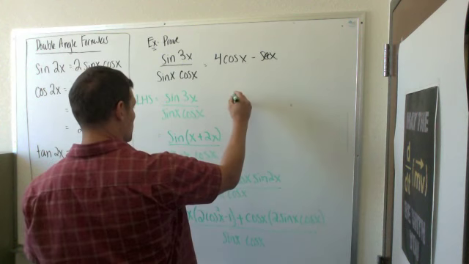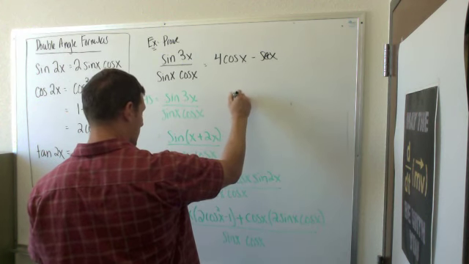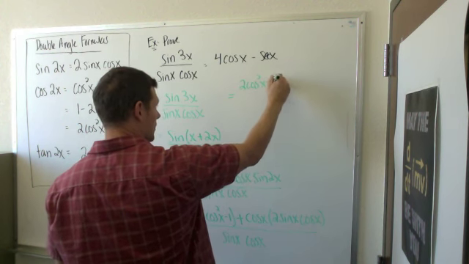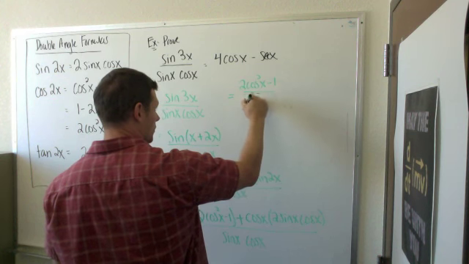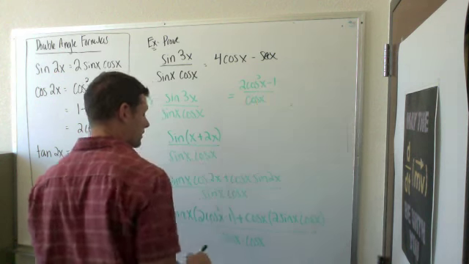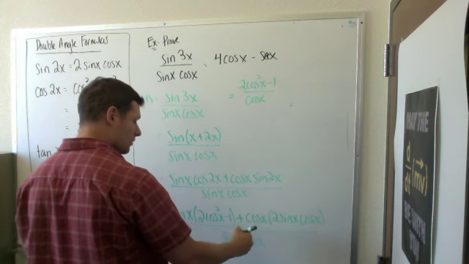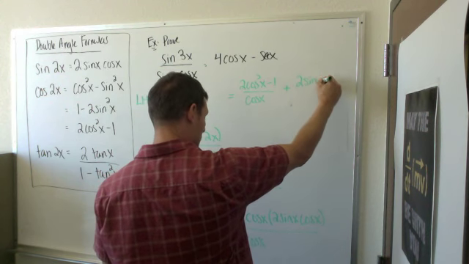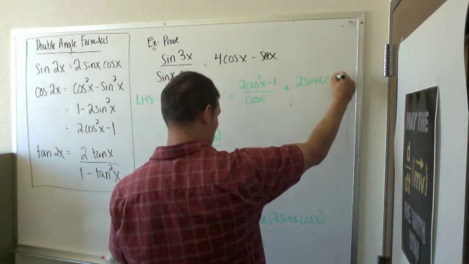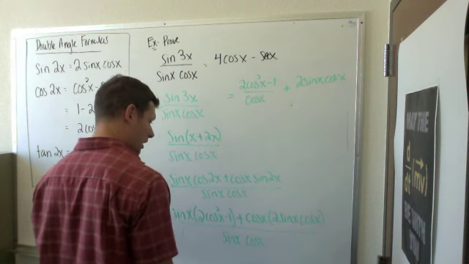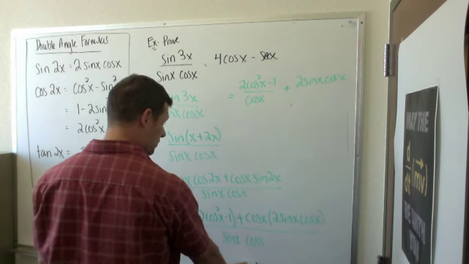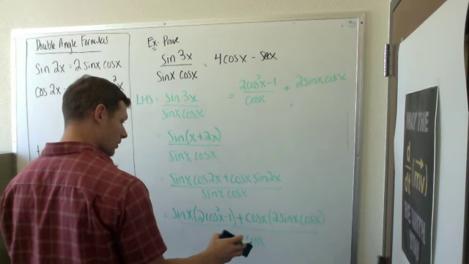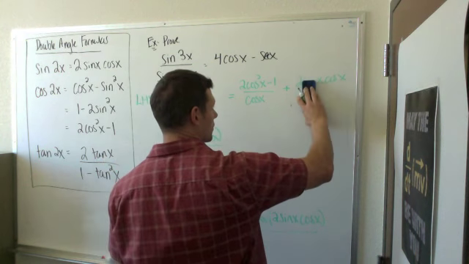So this will be equal to 2 cosine squared x minus 1 over cosine x, and over here, the cosines will cancel, plus 2 sine x cosine x, and actually the sine x and the cosine x will cancel, so I'll just have 2 cosine x.